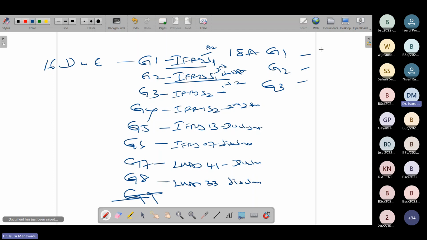Here group 1, SLFRS 12 disclosures, disclosures for other entities. Group 2, LKAS 21 disclosures.